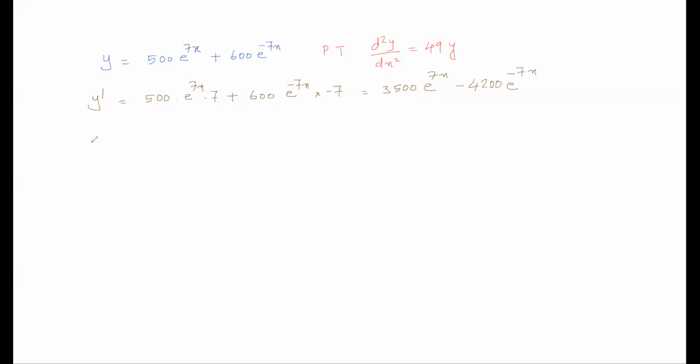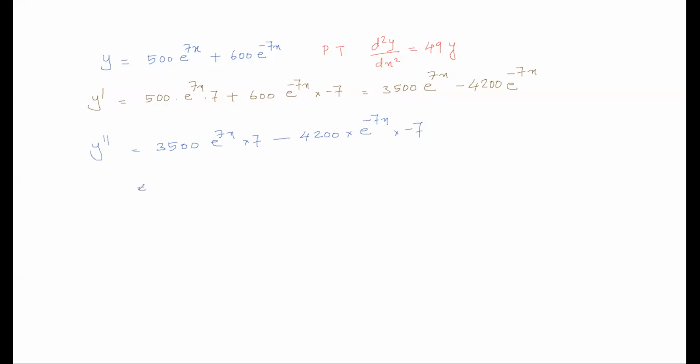Now, second derivative. So 3,500 into e to the power 7x into 7 minus 4,200 into e to the power minus 7x into minus 7.